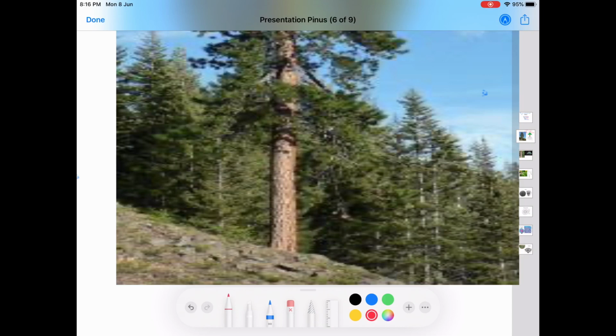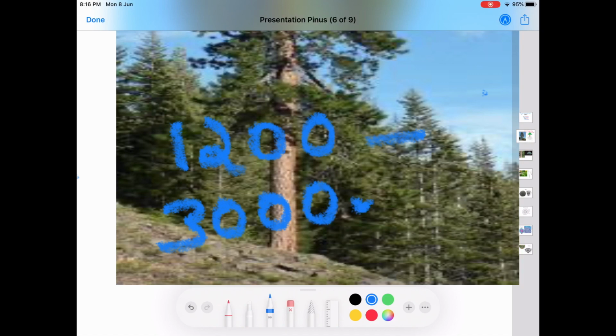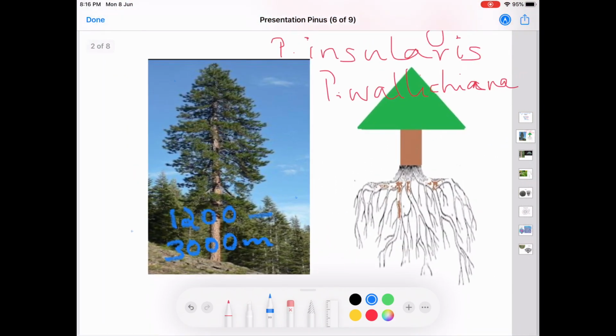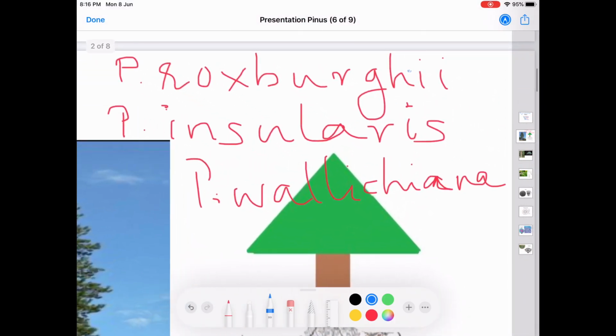They mostly grow in high altitude ranging from 1200 to 3000 meters. Some species of the Pinus are Pinus roxburghii, Pinus insularis, Pinus wallichiana, etc.